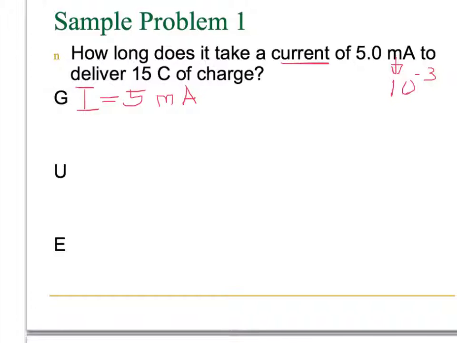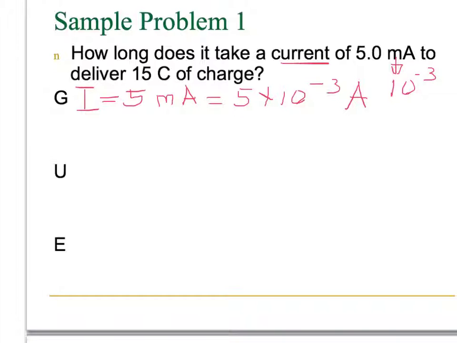So therefore, to get rid of the milli, we change the milli to 10 to the negative 3. So this should be written as 5 times 10 to the negative 3. This time we now have the proper unit in amperes.